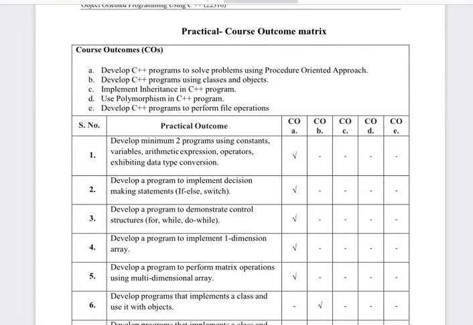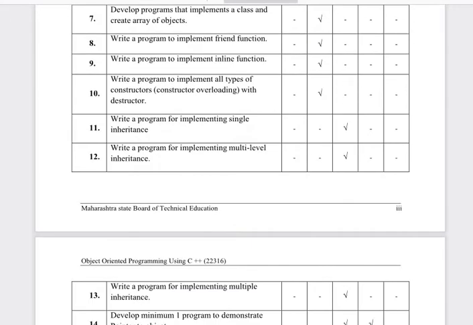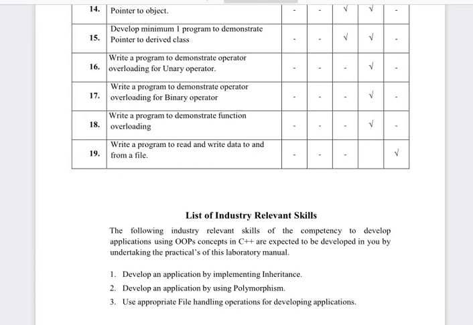So these are our practicals. In this object oriented programming, in total we have 19 practicals.